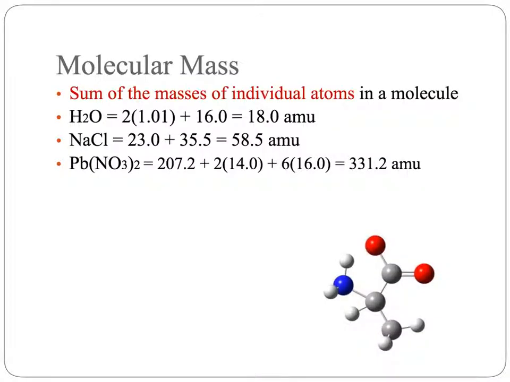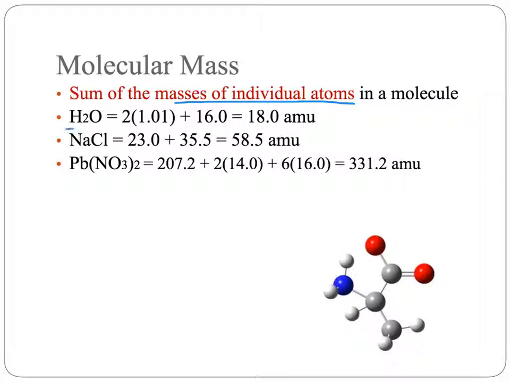And then finally, let's talk about molecular mass. If you add up all the masses of the individual atoms in a molecule, you will have a mass value for that molecule. And this is something that you will be doing for the rest of the course. We will be doing a lot of calculations where you need to know the molecular mass. You go back to the periodic table and look up the individual atomic masses for each of the atoms that are in a molecule.